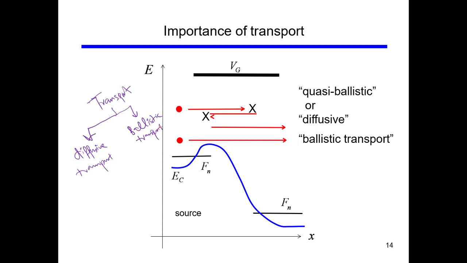Diffusive transport is the normal one. For example, you have this electron, it goes, and then there is some hindrance, and maybe it comes back. So this is scattering, reflection or something.